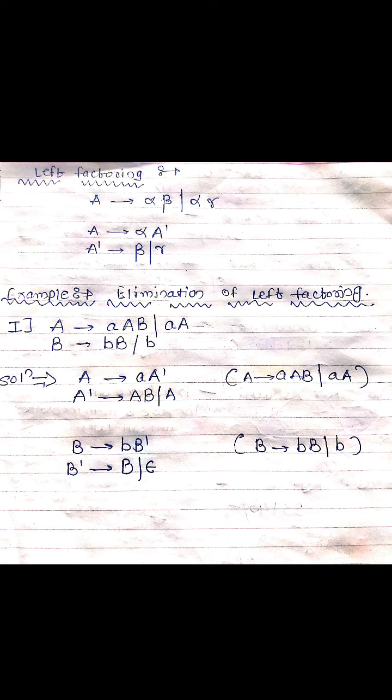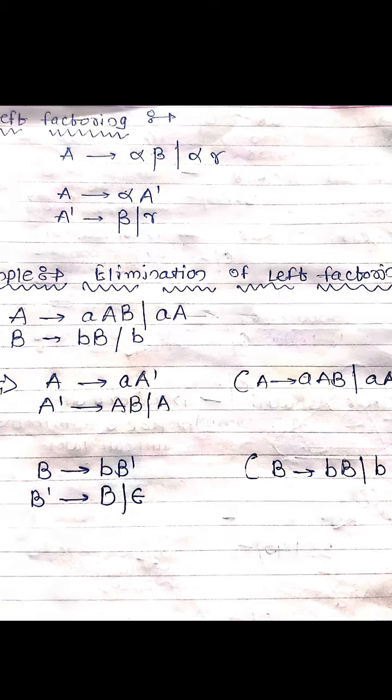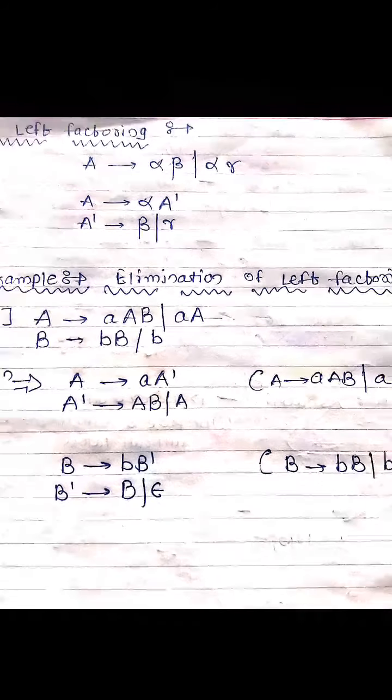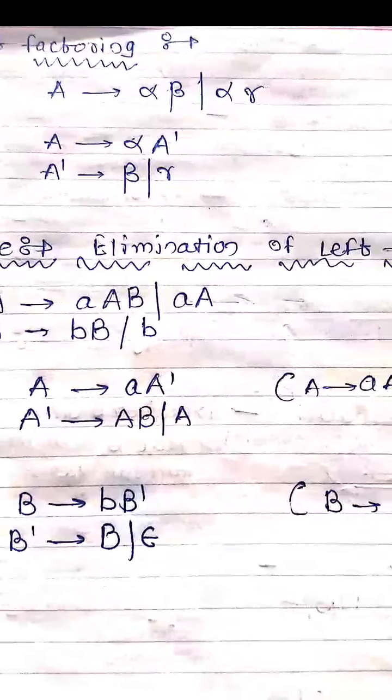Whenever a grammar consists of left factoring, that grammar is not suitable for top down parsing. So whenever we process left factoring, we have to eliminate it from the given grammar. So how can we identify whether the given grammar has left factoring?